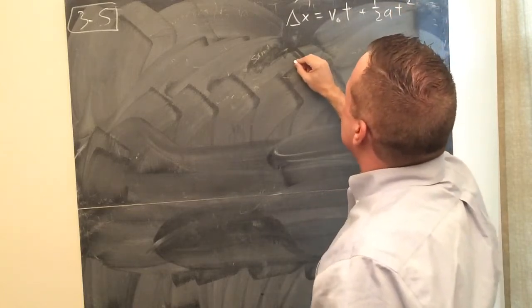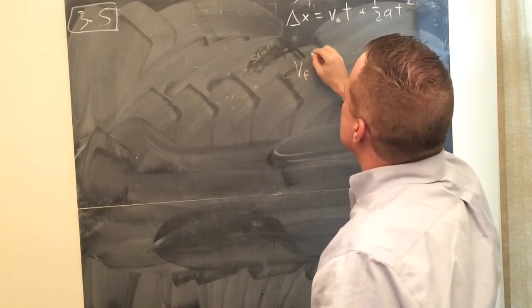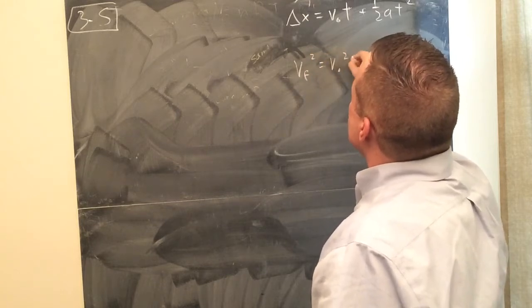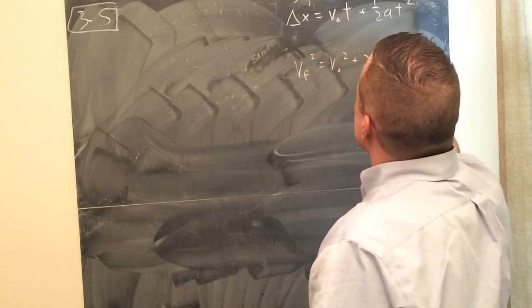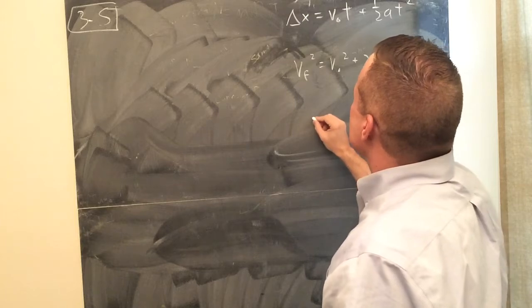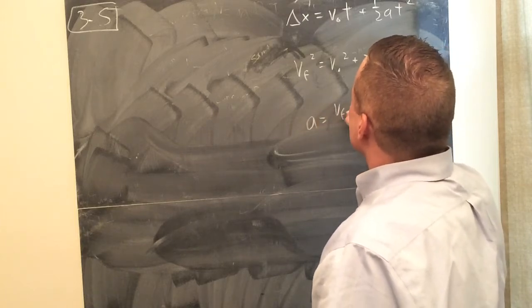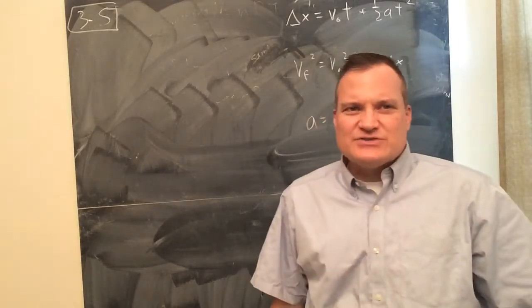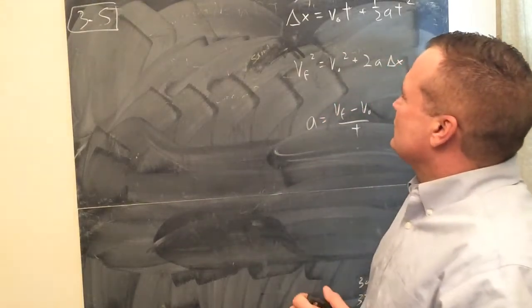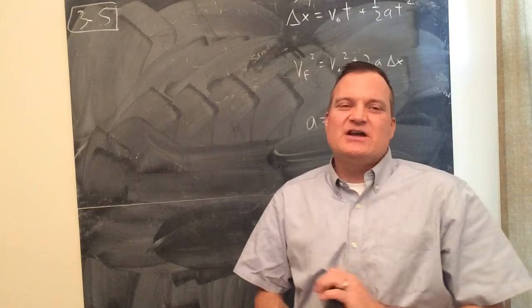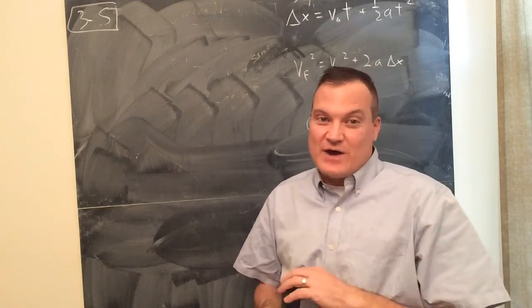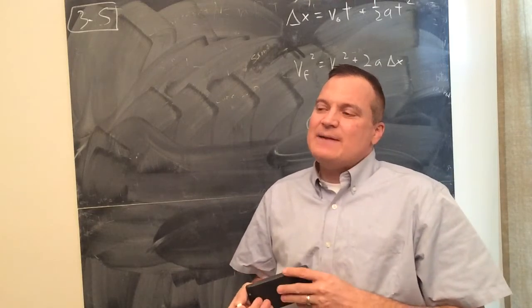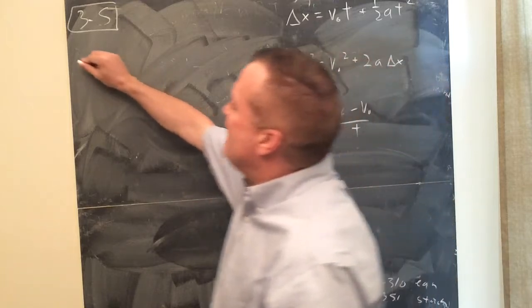And the other one I like a lot, V final squared equals V initial squared plus 2a delta x. And of course acceleration, final velocity minus initial over time. These equations can be altered a little bit when you're talking about vertical motion, when things are falling under the influence of gravity.